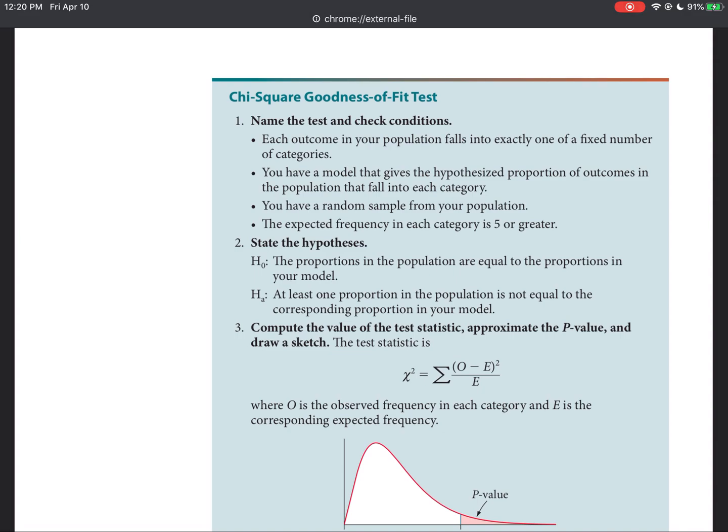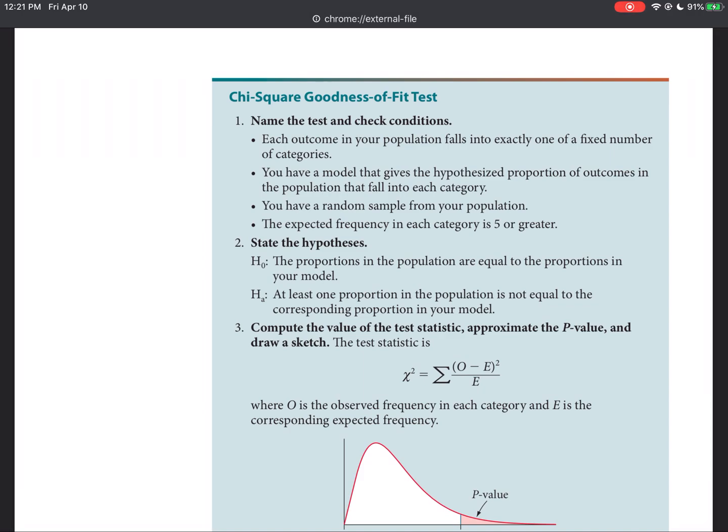If they don't give you that model, you're not going to be able to get the expected values. And then finally, all the expected values need to be at least 5. If they're not, then that is not enough information to properly do the analysis. Getting at least 5 in each expected value really should, for the most part, not be all that difficult.